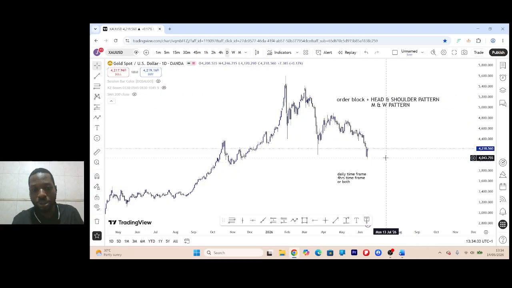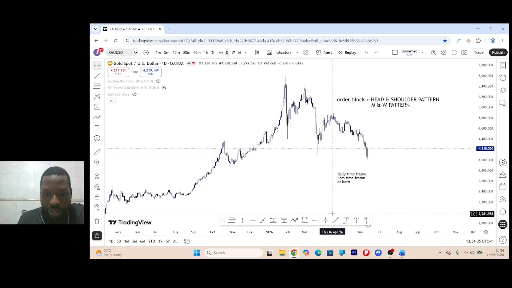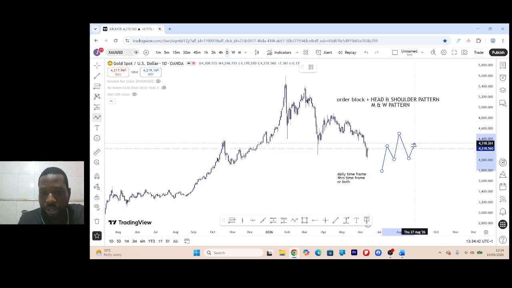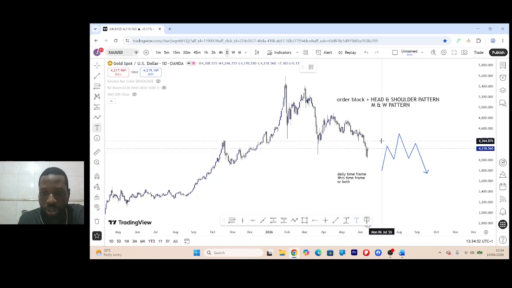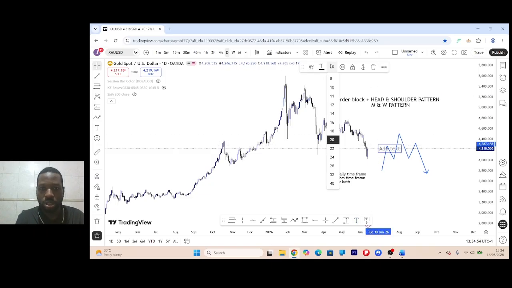So the head and shoulder pattern goes like this. Here is the head and shoulder pattern. Right. So this is the shoulder.